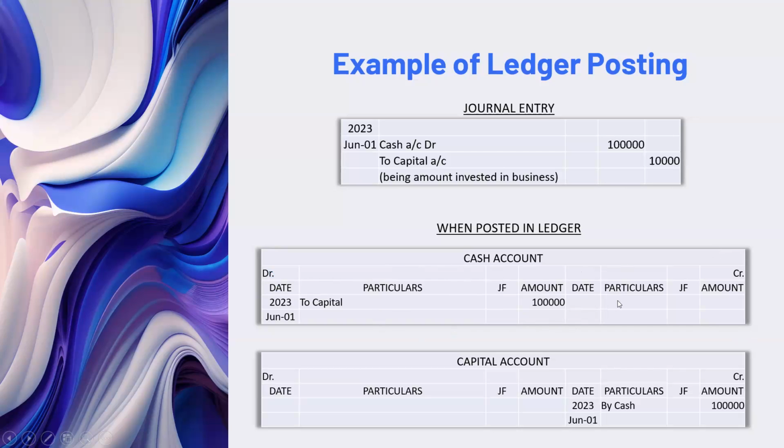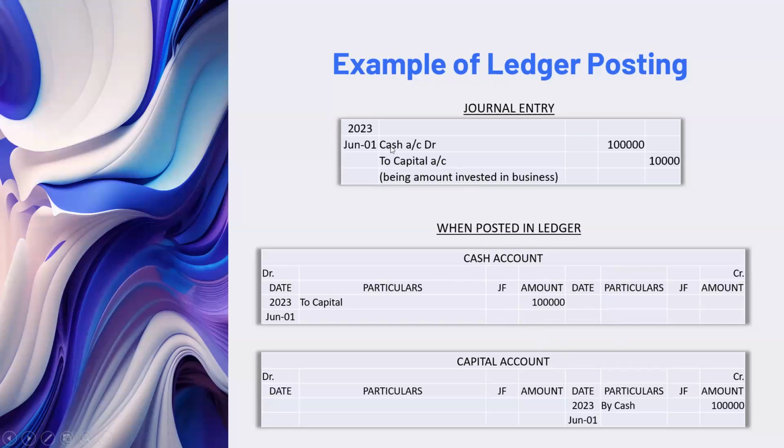Then in the right column, again date, particulars, journal folio, amount, but it's the credit column. So the left side is the debit column and the right side is the credit column. This is applicable to all types of accounts, whether it's a cash account, capital account, purchases account, sales account, sales returns account, purchase returns account, whatever.